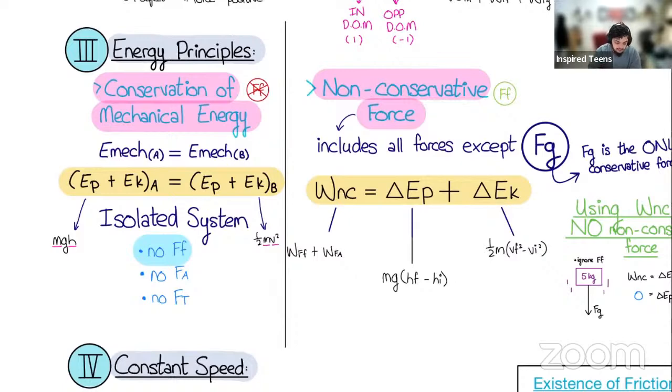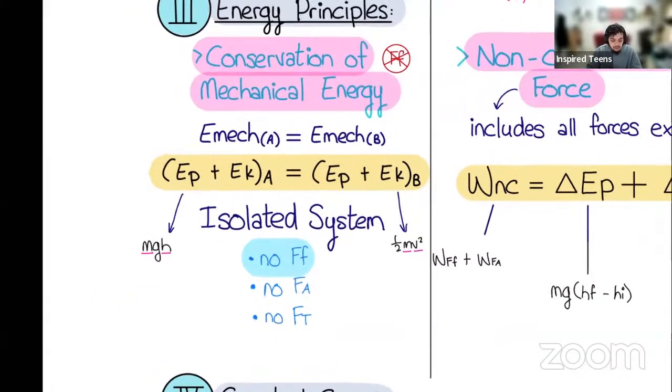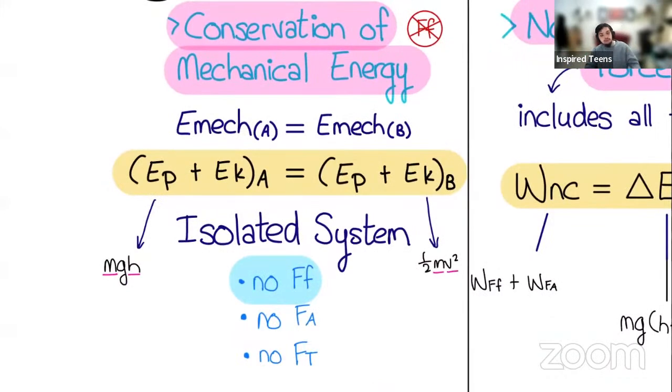Let's have a look at conservation of mechanical energy. It states that the mechanical energy at point A is equal to the mechanical energy at point B. Mechanical energy is the sum of potential and kinetic, so EP plus EK at A is equal to EP plus EK at B. We said there are certain conditions in order to use this formula.